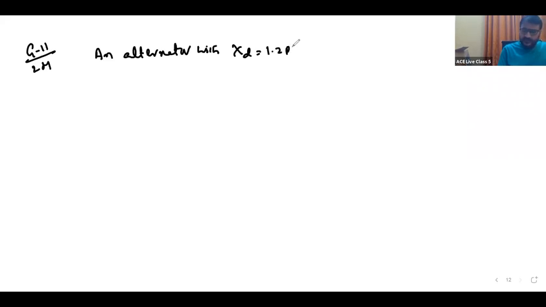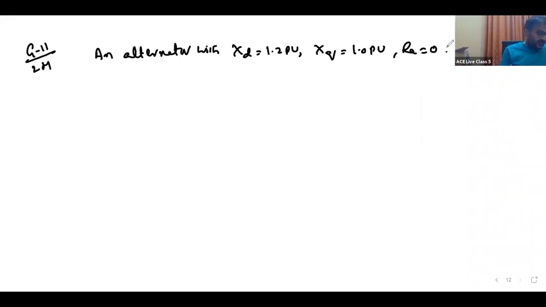It's a GATE 2011 examination question for 2 marks. The question is: an alternator with XD equal to 1.2 per unit, XQ equal to 1 per unit, RA equal to 0.